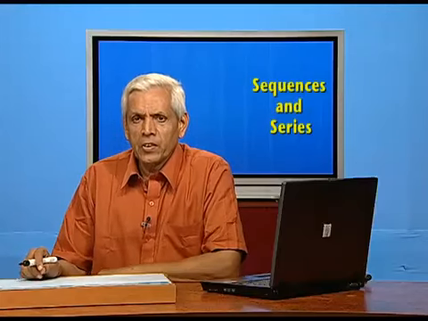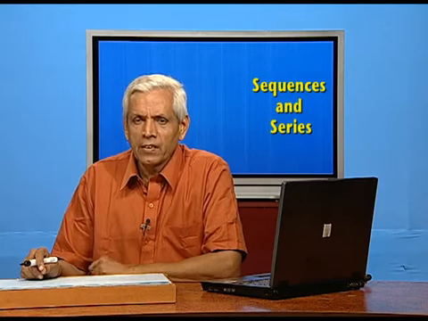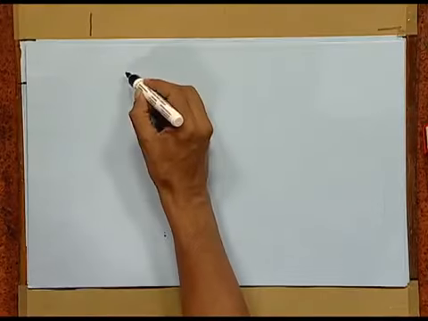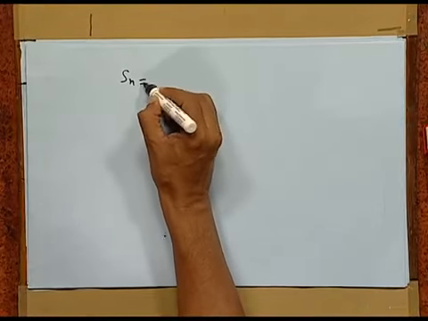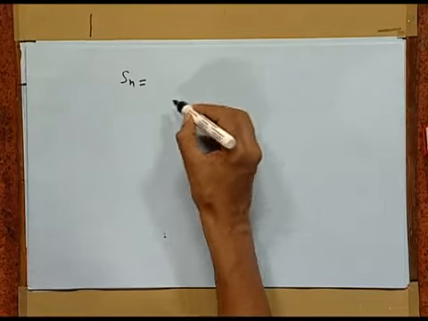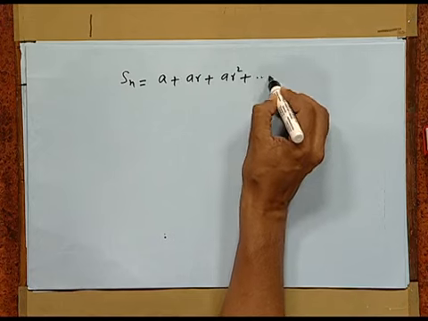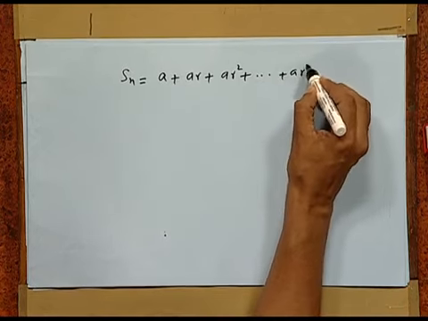Our next step is to work out a formula for the sum of n terms. Suppose we have Sn denoting the sum of n terms, which is simply A plus AR plus AR square and so on up to AR raised to n minus 1. Now, here we play a small trick.